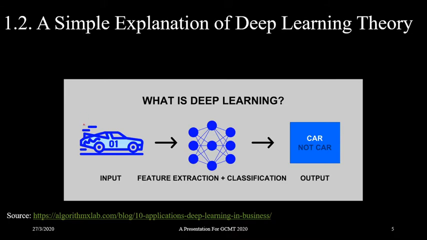Let's take for example this image that I've captured. When I input it into the model, it has to classify whether it is a car or not a car. In this case, let's say the AI is good, it will be able to say that the image is a car.